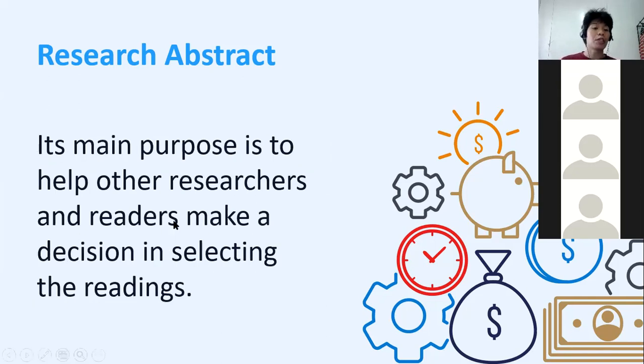Its main purpose is to help other researchers and readers make a decision in selecting the readings. Since research papers are laborious written compositions to read, it's very important that we know how to scrutinize a paper or evaluate whether that particular research article is relevant to the research that we are conducting.